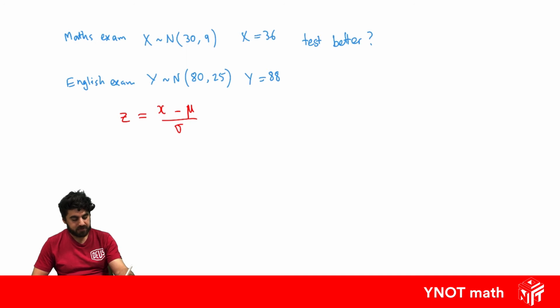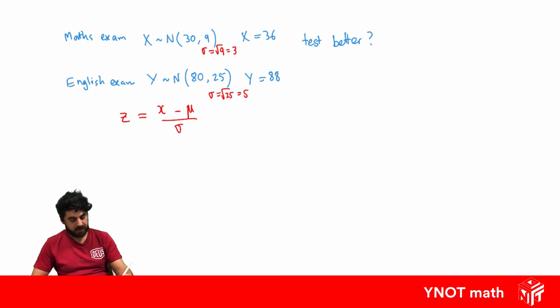For the maths exam, our variance was 9, which means our standard deviation is the square root of 9, which is 3. And for the English exam, the standard deviation is the square root of 25, which is 5. So let's go ahead and find the Z scores for both exams.